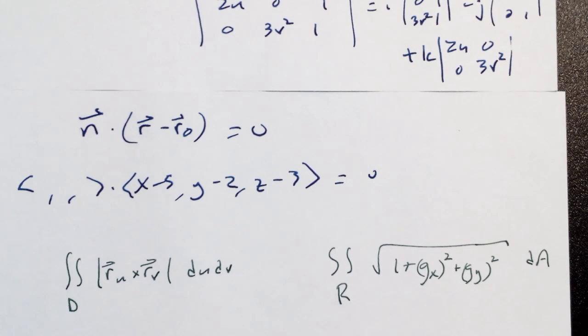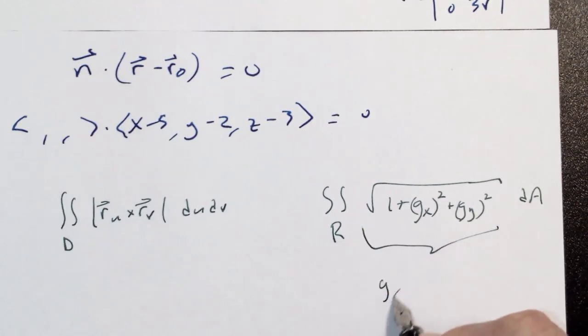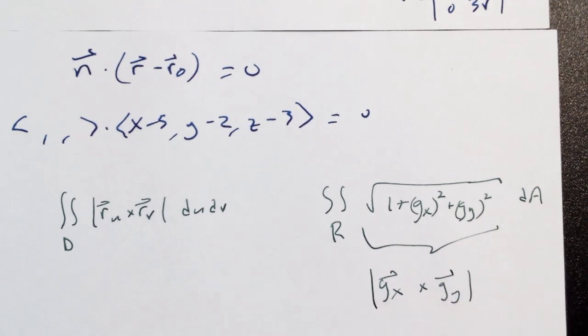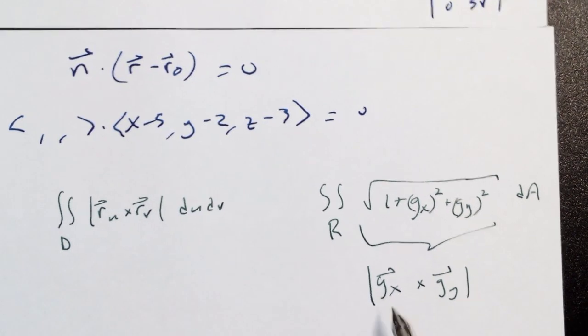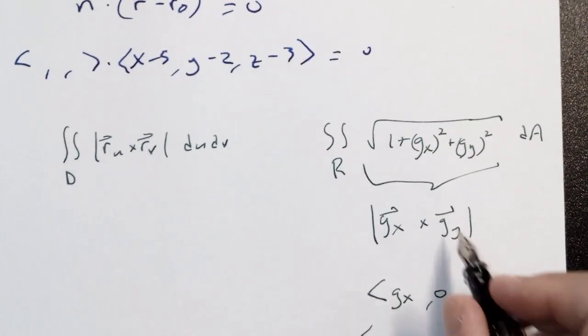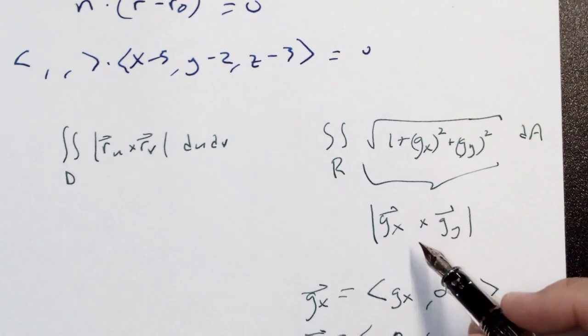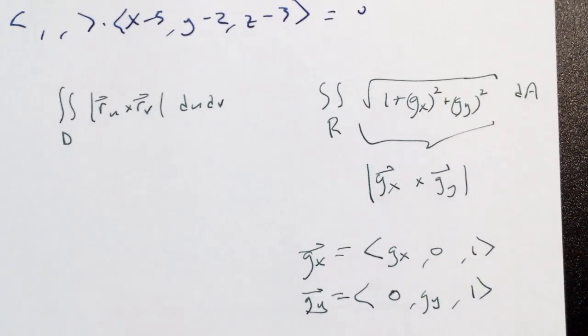Now, again, this is the length of that vector. Because the partial derivative with respect to x is (1, 0, gx), and the partial derivative with respect to y is (0, 1, gy). And when I take the cross product, this is what I actually get for the length of the cross product.